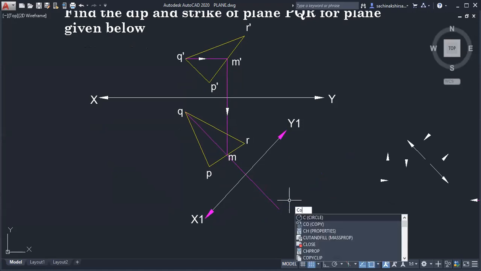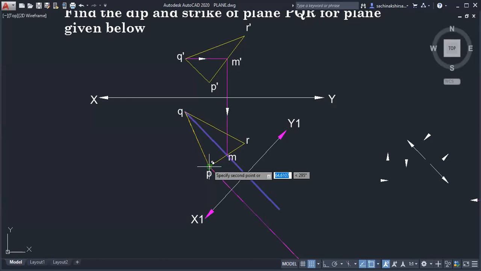So the projection line from point P, and from the point R, you can draw like this. Have you drawn?